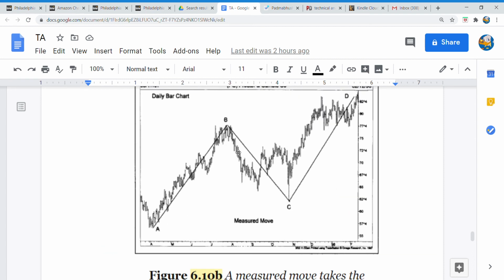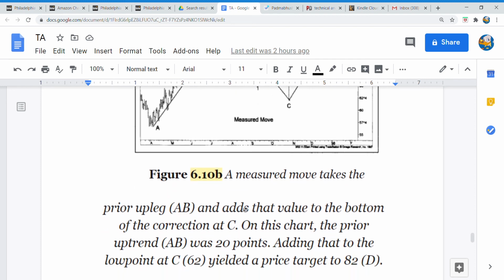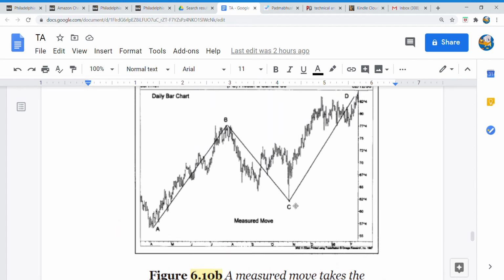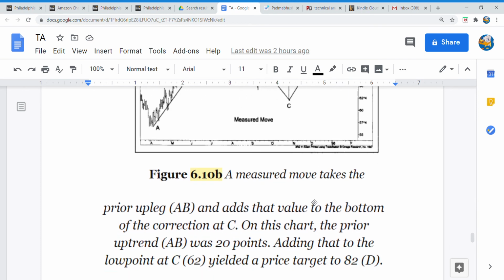This is a prior up leg, A to B. Add that value to the bottom of the correction at C. On this chart, the prior uptrend AB was 20 points.